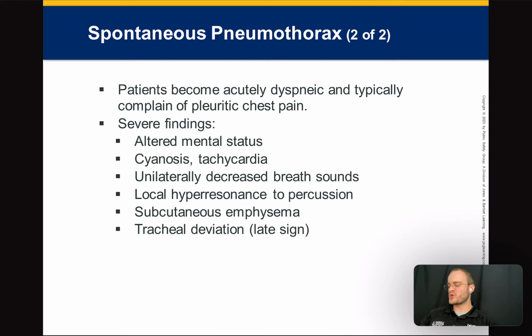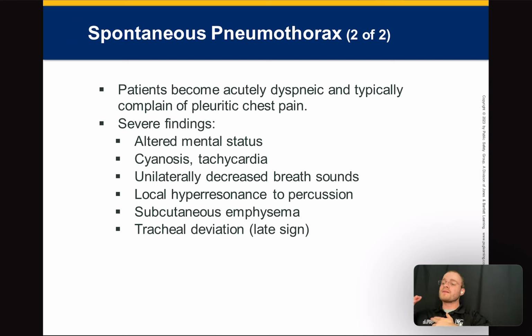Local hyperresonance to percussion. Okay, this is fancy, but basically, you could do this to yourself, right? If I were to tap on my chest, right? Versus, so what I'm doing is I'm taking my finger and tapping on it, and then tap on my stomach. It has a different sound. My stomach sounds more dull.